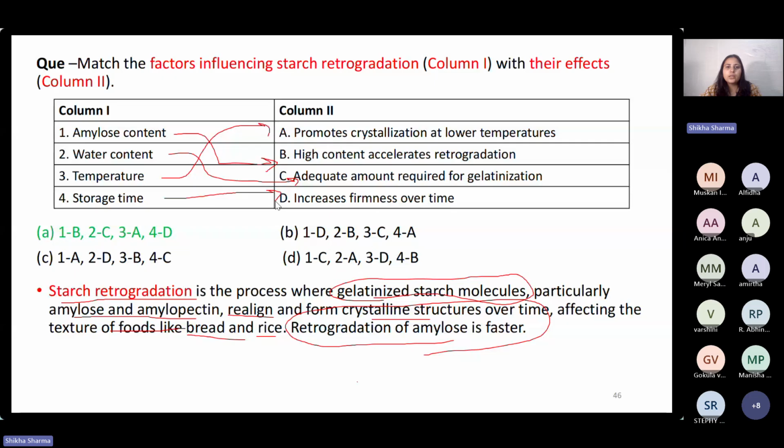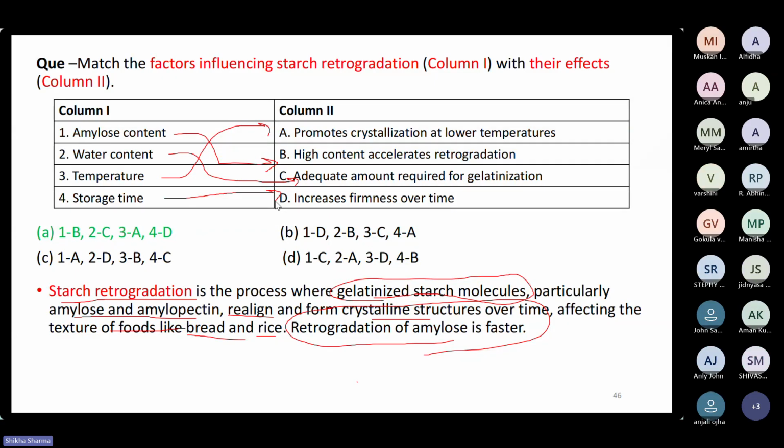When starch retrogradation takes place with time, as we increase the time, starch retrogradation will also be more. So we can see a firmer texture. I hope this question is now clear to everyone.